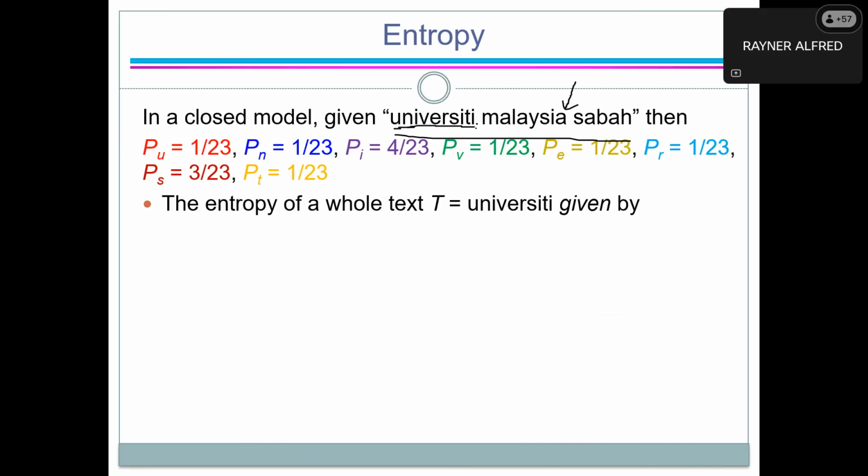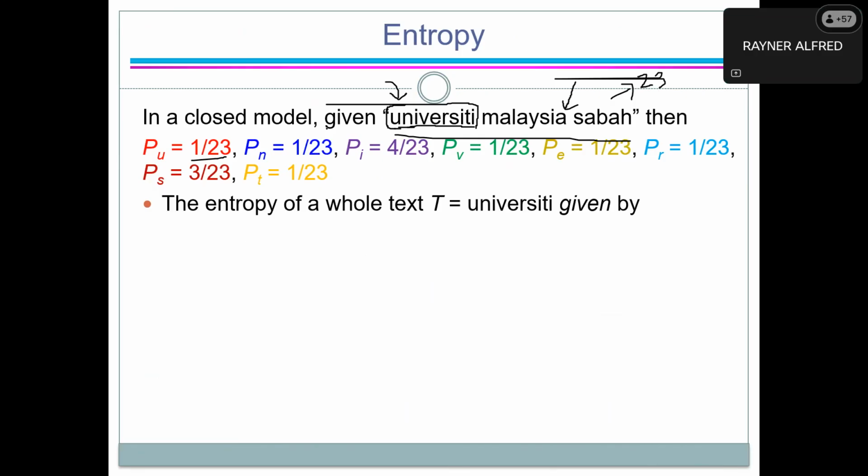So we look at this one only. The probability of U is 1/23 because the length of this text is 23 characters.